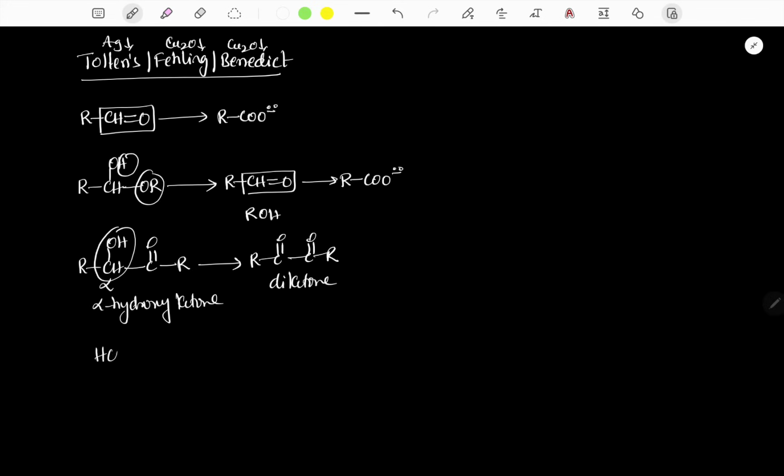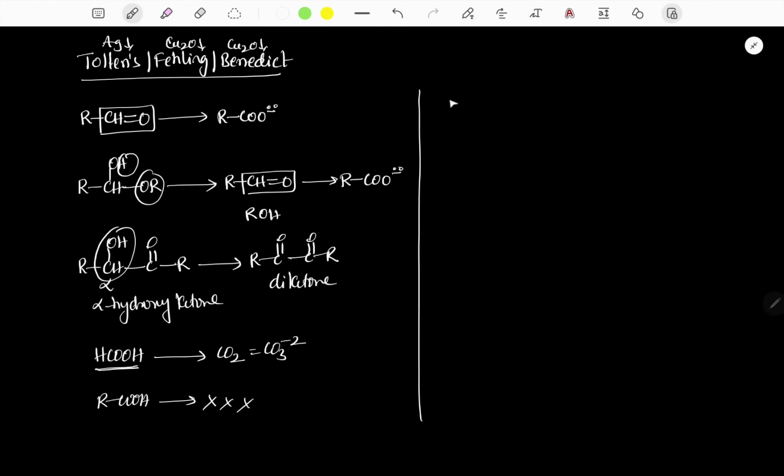Fourth functional group, carboxylic acid, only formic acid. Formic acid undergoes oxidation and gives CO2; in basic medium, it converts into carbonate. But the remaining carboxylic acids, no reaction. That is the fourth functional group.